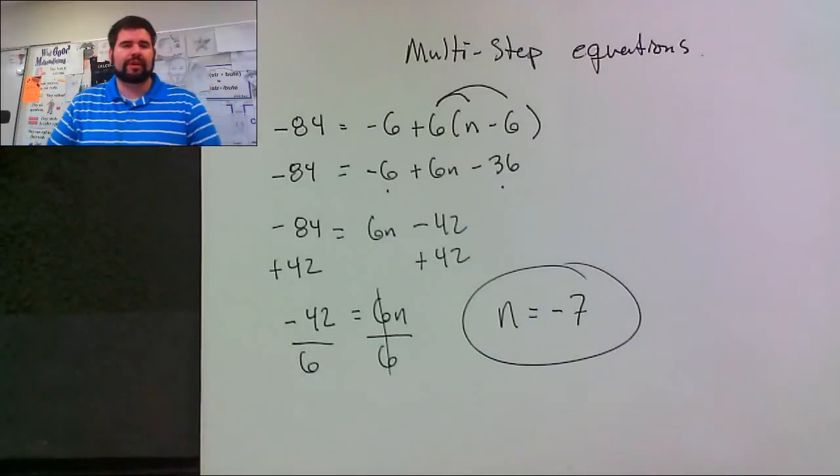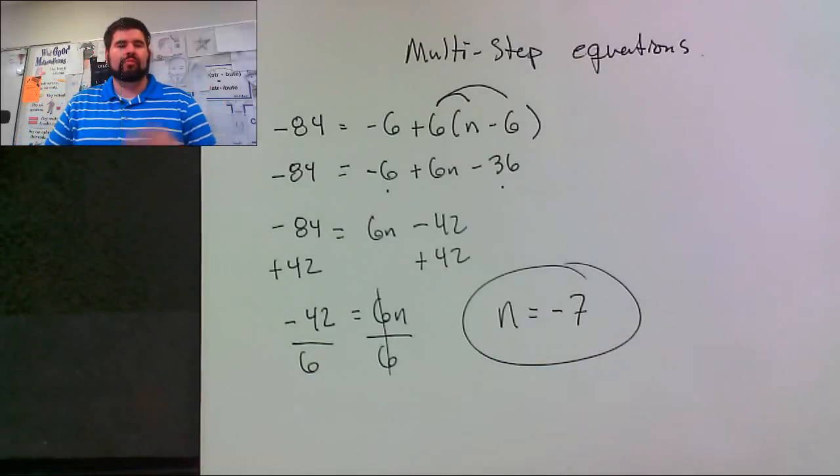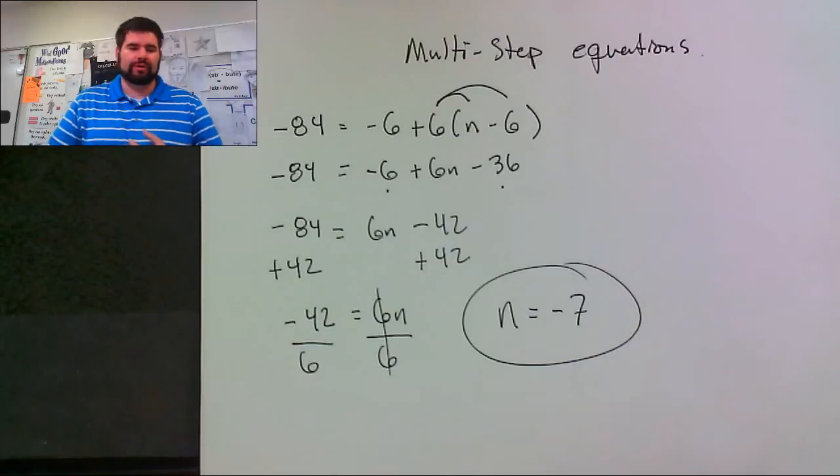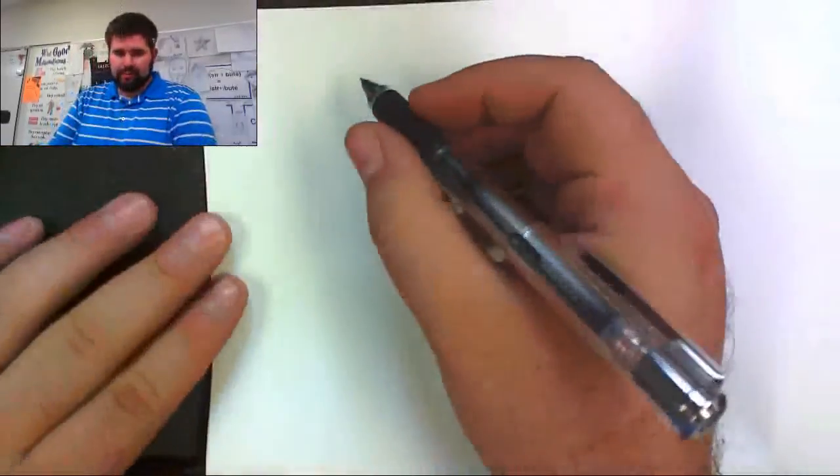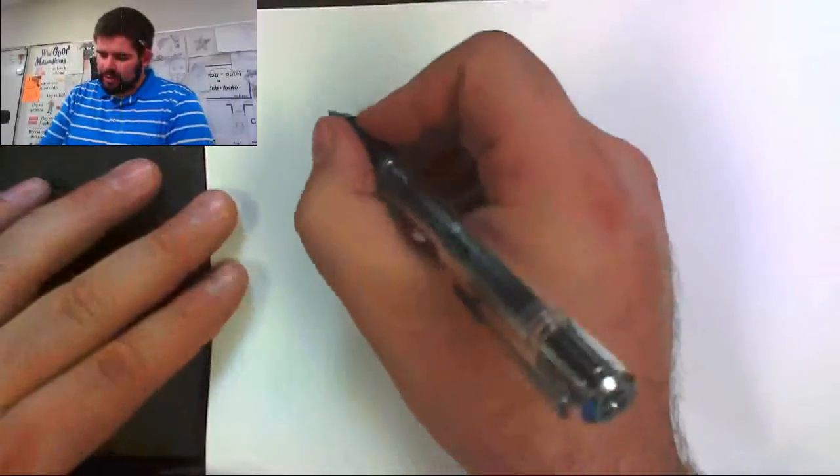So that was solving an equation that took more than one step with a variable on one side of the equation. The next one I want to take a look at is a multi-step equation where there's one variable on one side and the same variable on the other side, but it's a different mix-up. Let's see here. I'm going to make this up off the top of my head.